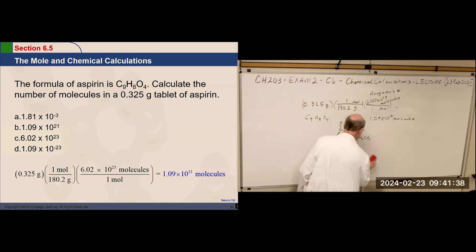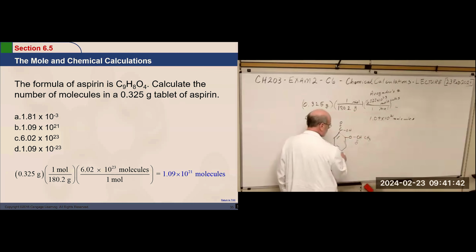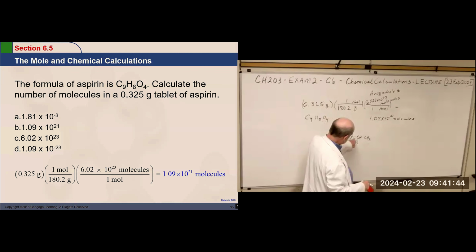Oops, that's not right. I think that's it. And what happens over time is this part of it right here breaks off. And that gives you acetic acid. That's what you smell. It's not very stable.